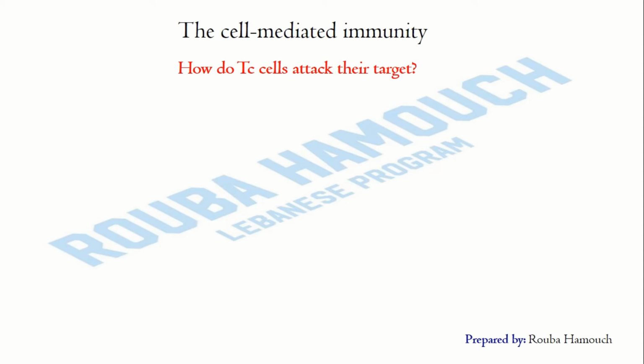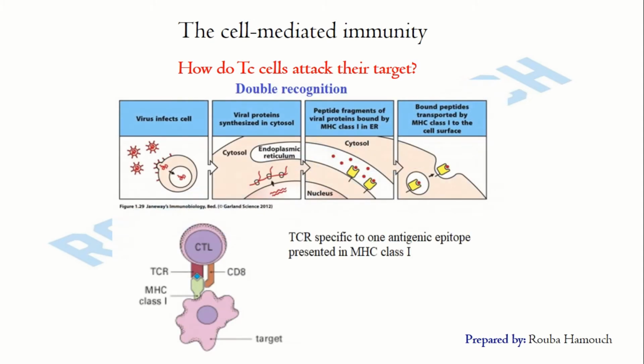Now, how do T-C cells attack their target? We have a double recognition. As you can see here, we have the target cell that can be either an infected cell with a virus or a cancer cell expressing MHC class I molecule on its surface.